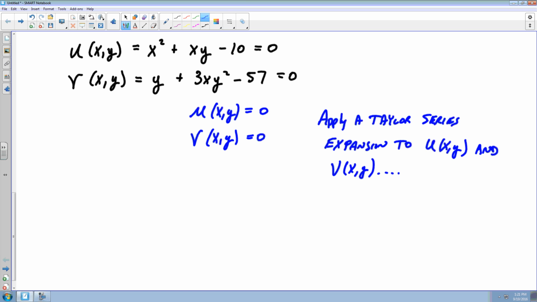These formulas are somewhat large and messy, and of course no one's going to memorize any of this. You'll be given these formulas, but the idea is, can we come up with an iterative way?